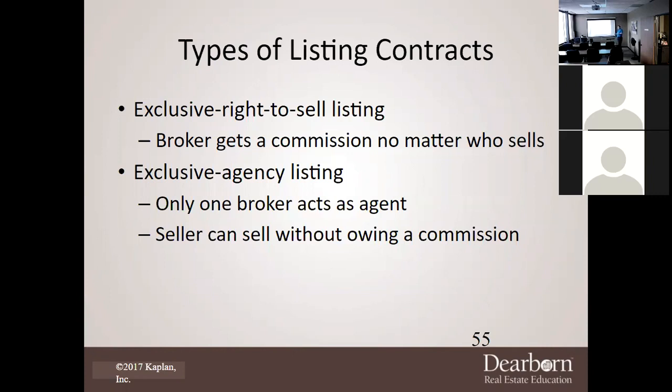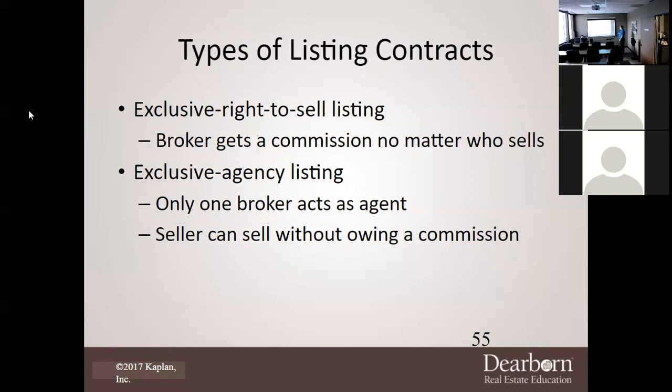We talked about this a little bit in some other classes, but with an exclusive right to sell, basically the broker's going to get paid no matter who sells the property. So, Mr. Eugene, if you happen to find Stephan on your own, or y'all work together and you tell him you're selling your property and Stephan says, yeah, I'll buy your property in cash, well, if you've already signed an exclusive right to sell with Travis, even though you brought your own buyer, you still owe Travis or his broker a fee.